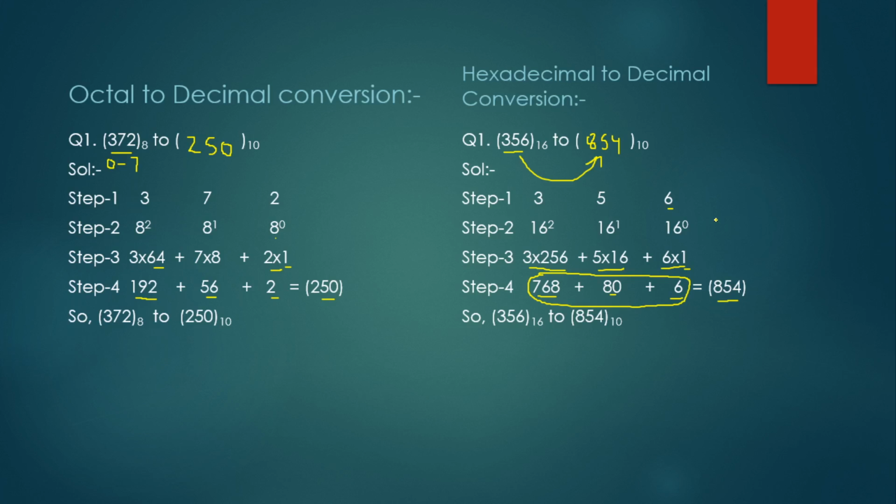Now if you want to check whether the result is correct or not, you can convert this number 854 back to hexadecimal with the help of the division method. So this is the way we can convert any number system to the decimal number system. You have to follow all these steps.